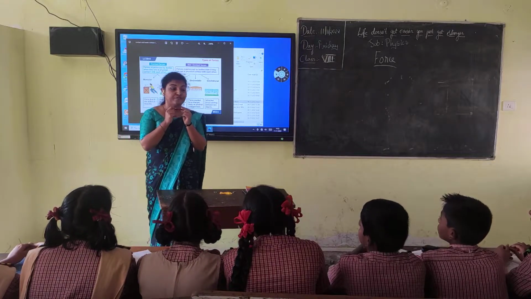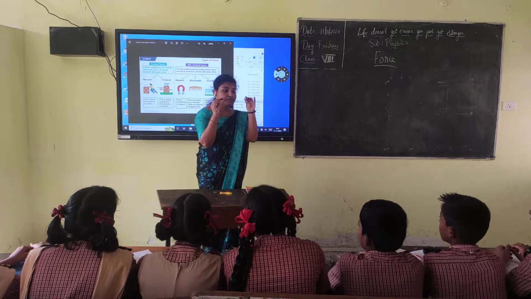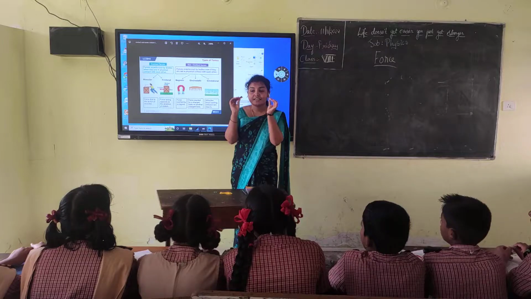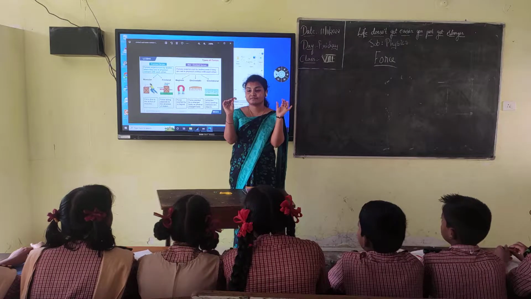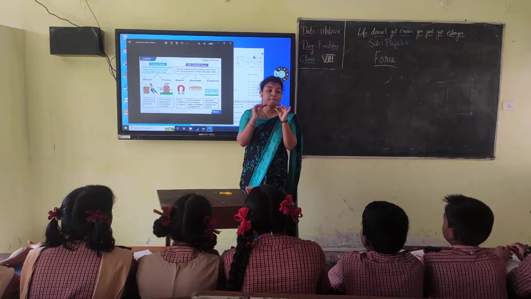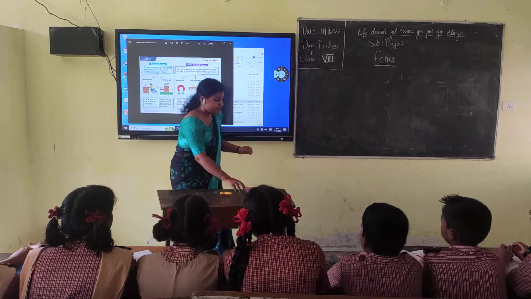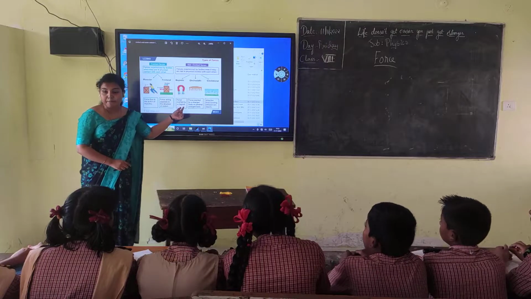That is the property of a magnet. So this is a metal or iron-containing object. Does it attract or not? Yes, by magnetic force it will attract. Understood? This kind of force is called magnetic force. This is a non-contact force. Clear? Here you can see the force exerted by a magnet is called magnetic force.